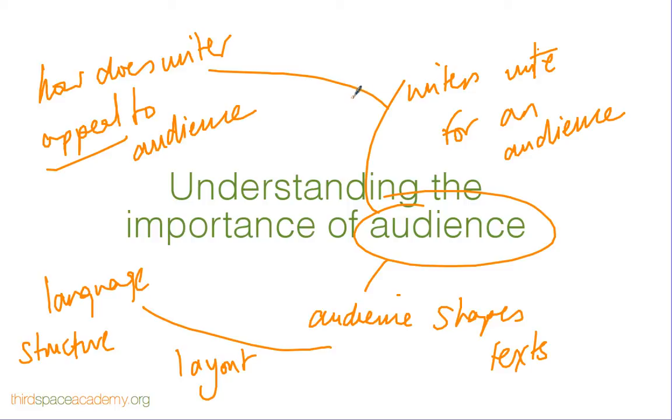So it's that fairly generic thing that teachers do, where they'll look at a tabloid newspaper and a broadsheet like the Telegraph, the Daily Mail versus the Telegraph, and how they treat the same story. So how does the writer appeal to your audience? Is your audience right wing, left wing, young, old, so on and so forth? So audience shapes text. That word there we'll come on to quite a lot in the future.